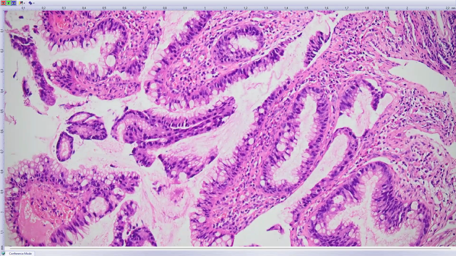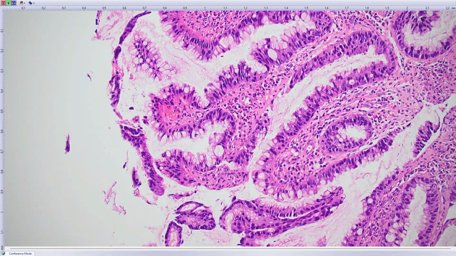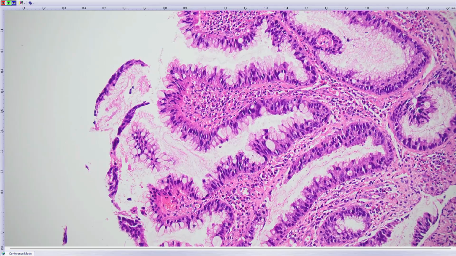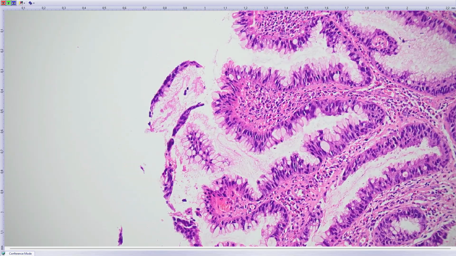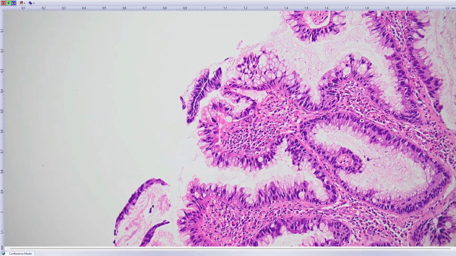What we can see here is something with a little bit of a serrated appearance. The nuclei are not very atypical, but definitely are atypical. So what is it? It's not a conventional type of dysplasia, but a so-called non-conventional type of dysplasia in the terrain of IBD.